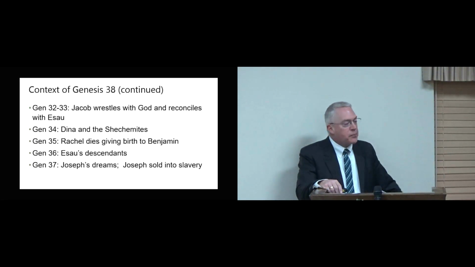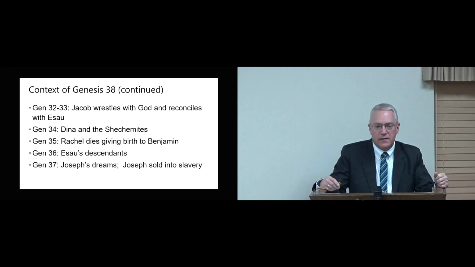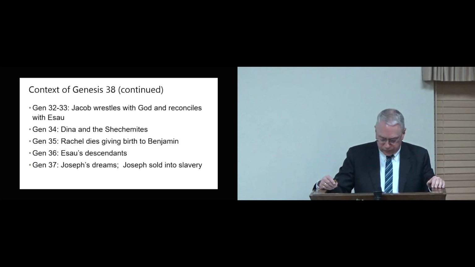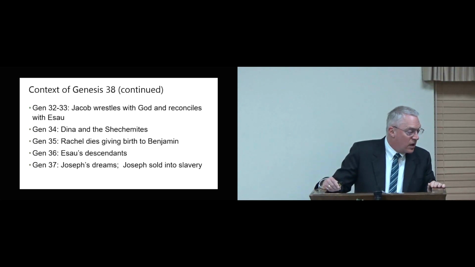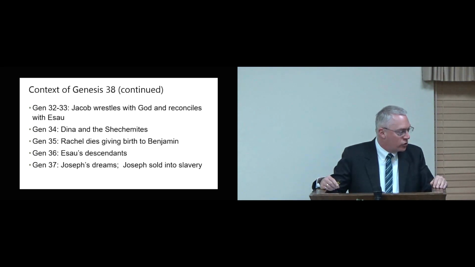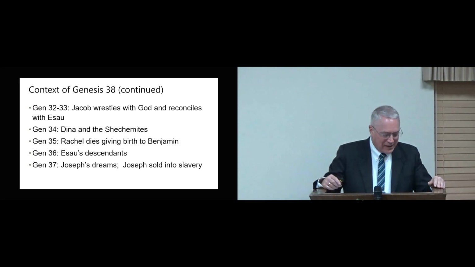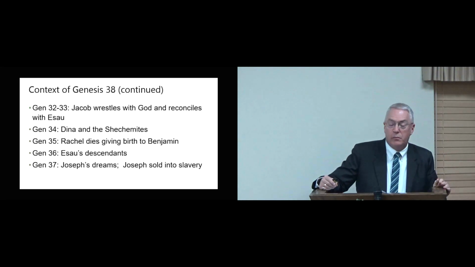Now, in the next chapter, it's kind of a sidebar where we get the entire descendants of Esau for the record. Okay, fine. Then back to the main story, chapter 37. Now, Joseph, son number 11, has dreams of being in power and being in charge, and his brothers really don't like it because he's dad's favorite up until Benjamin's born.